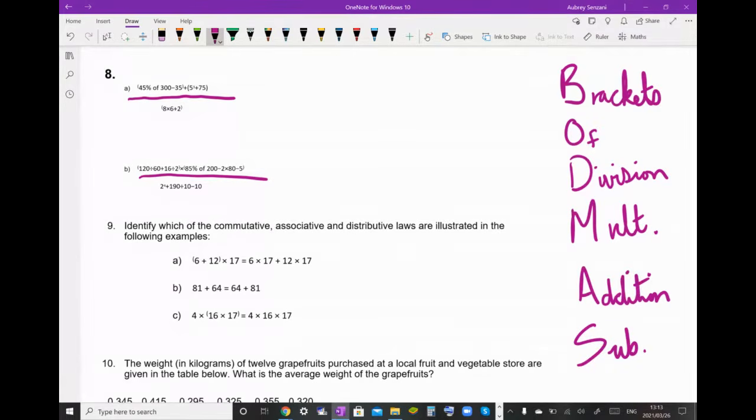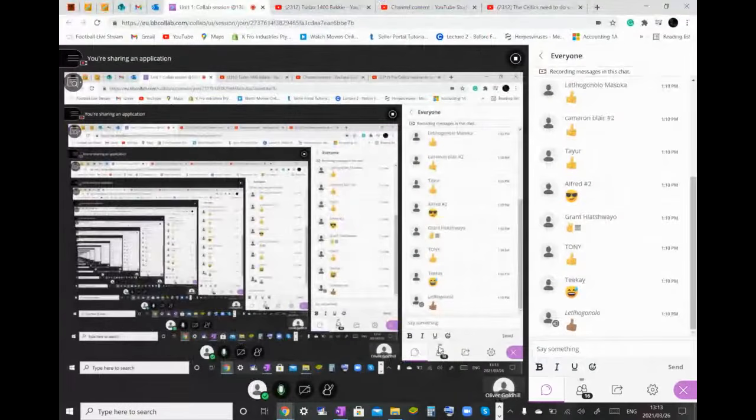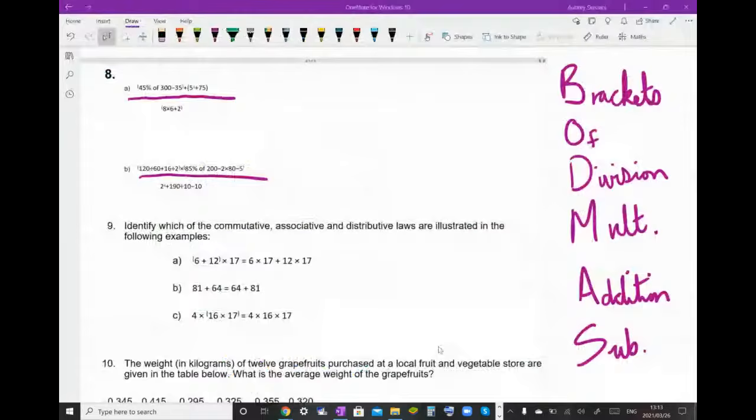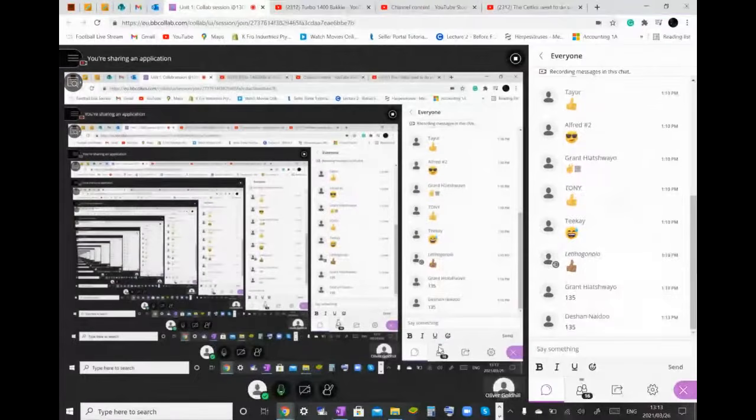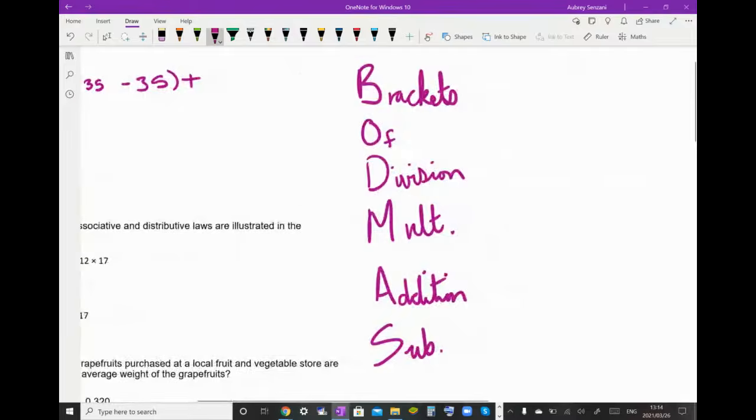What is 45% of 300? Somebody tell me there in the chat. 135, yes, it is 135. So this would end up being 135 minus 35, in brackets, then plus 5 to the power of 3, which is 5 times 5 times 5.